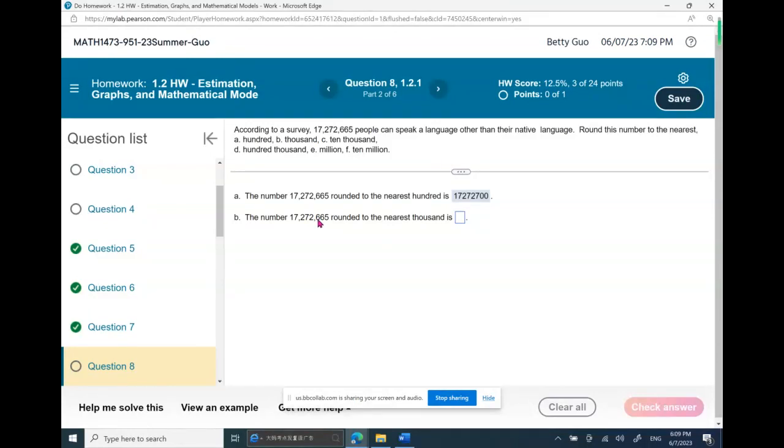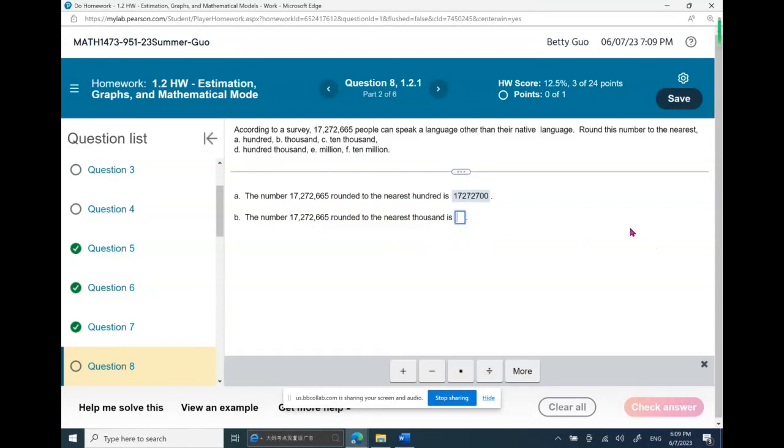It means we are going to round 665 up to 1,000, and now 1,000 added on top of this 2,000 gives us 3,000. So we're going to copy 273. It was 272,000, right? But now we round it up, so we're going to have 273,000.